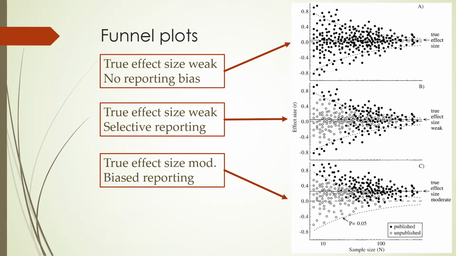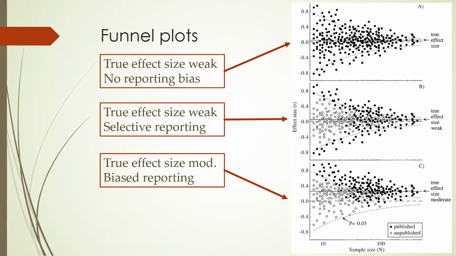A couple other things to notice in these plots is there are these converging dotted lines above and below the solid horizontal line. The solid horizontal line is what we'll call the true effect size, the mean of all of the effect sizes that are measured.